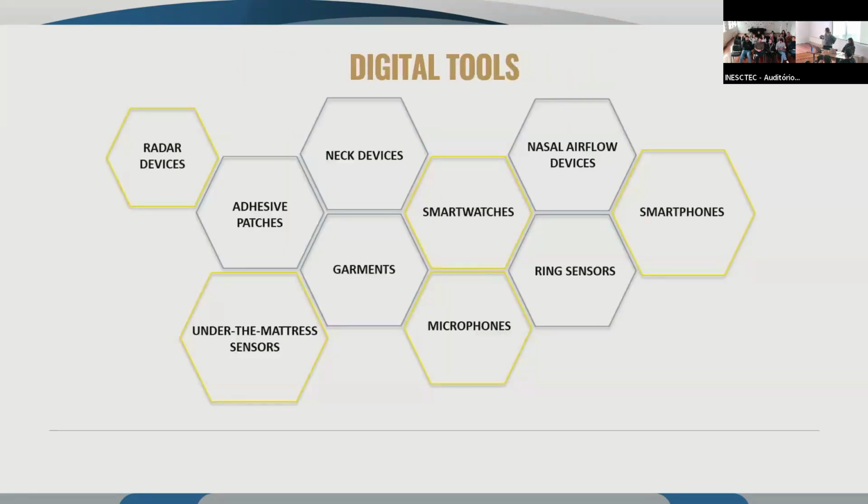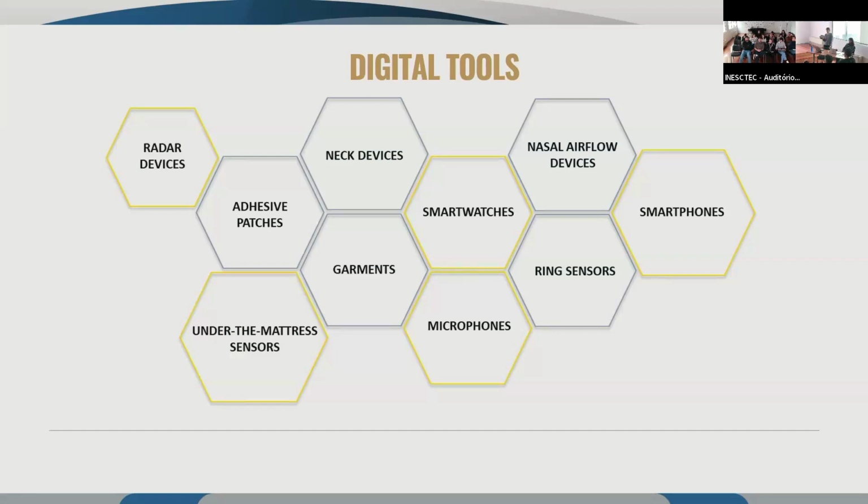So regarding the digital tools that can be used in the screening or diagnosis of the disease. The usual ones are things like the nasal airflow device, things that you put in your nostrils and you breathe and it will detect the events. Now we have more things like smartwatches, smartphones, ring sensors, even the microphone of your smartphone can be used to diagnose the disease.